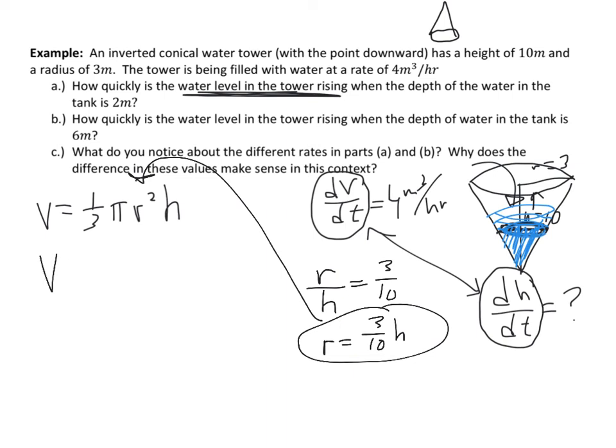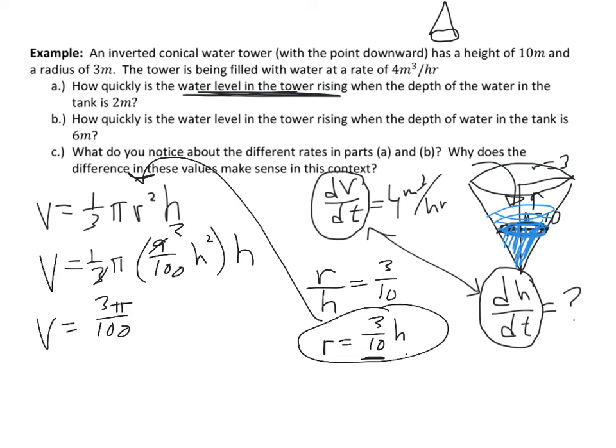So when I do that, I'm going to get V is 1/3 pi times 9/100 h squared times h. That was just me squaring 3/10 and then the h. The 9 and the 3 will cancel down to 3, so it looks like my volume formula is 3 pi over 100 times h cubed.